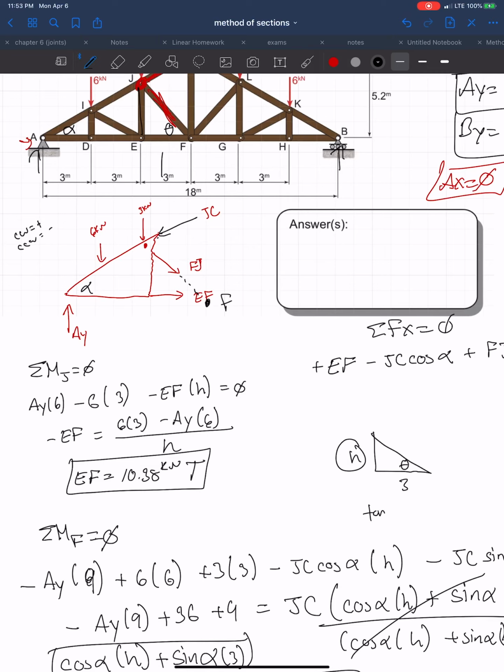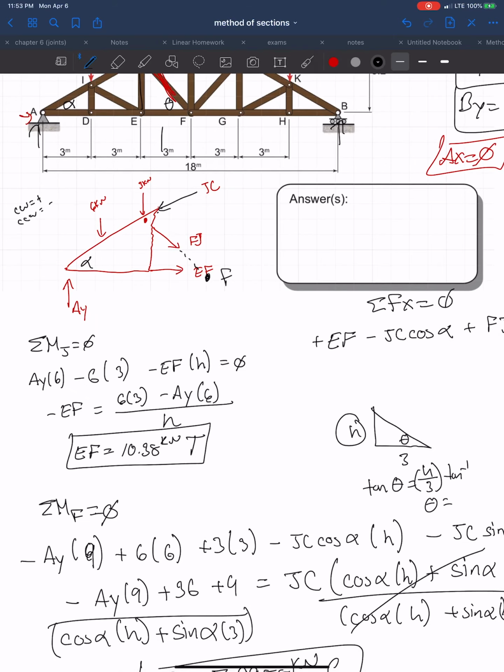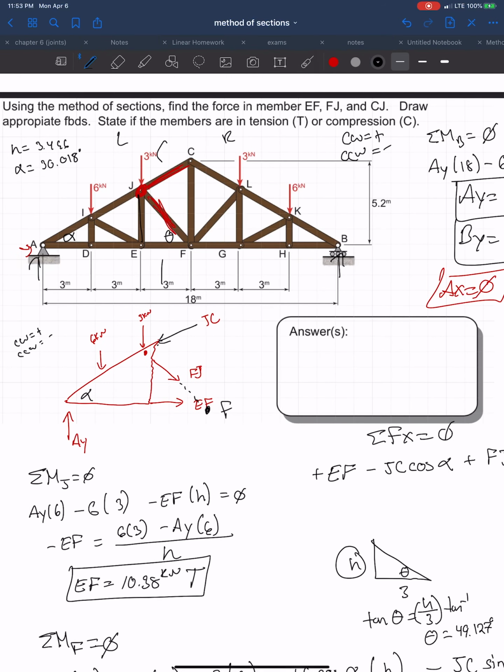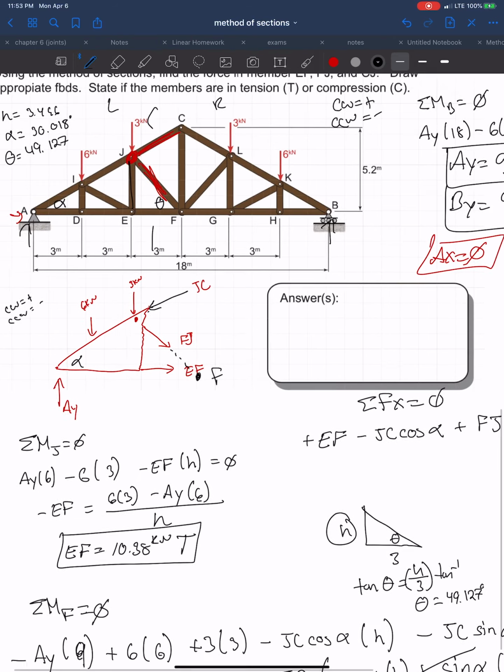So we can just do tan inverse of h over 3, right? And finally delta is 49.27. Okay, I'm going to go ahead and plug that in. I'm going to write this over here.